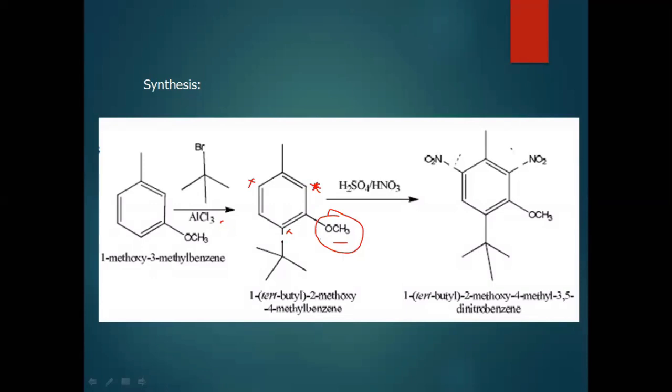Let us assume this electrophile. The electrophile is a bulkier system, right? The tertiary butyl cation won't approach this particular site in this fashion because it is also bulky and there are sterically hindering groups already present.